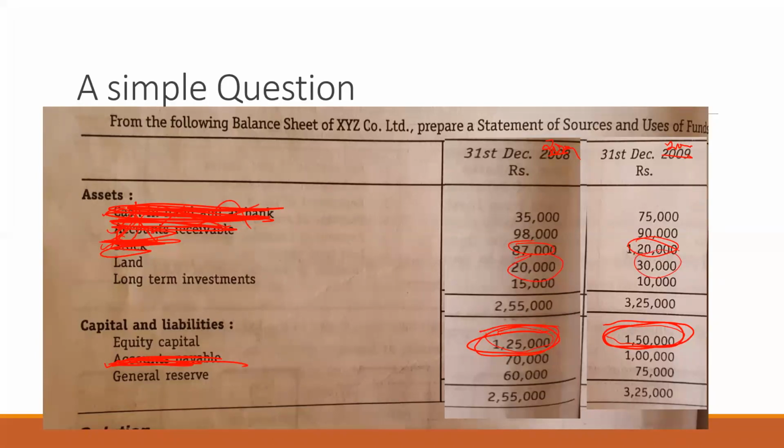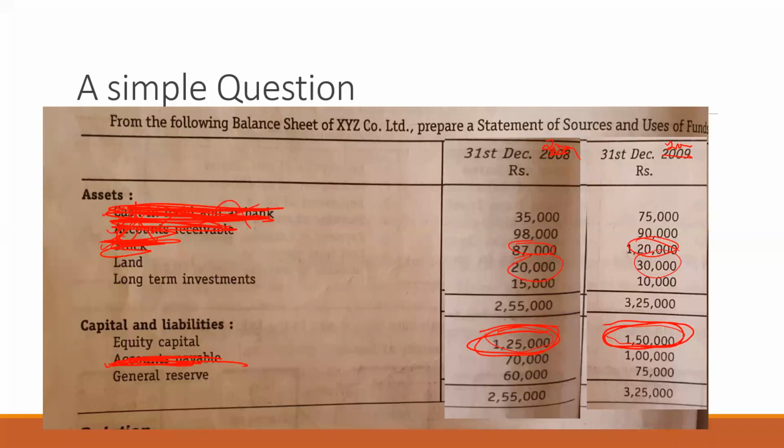Come to long-term investment. What had happened to long-term investments? Reduced. First year 15,000, second year it became 10,000. Where did the 5,000 go? Was it bought or sold? 15,000 became 10,000, investments reduced. It was sold.